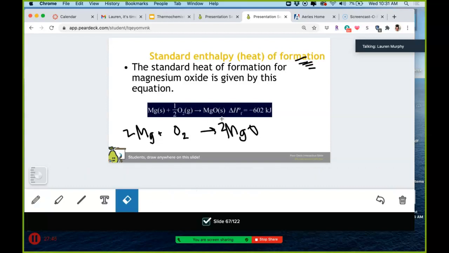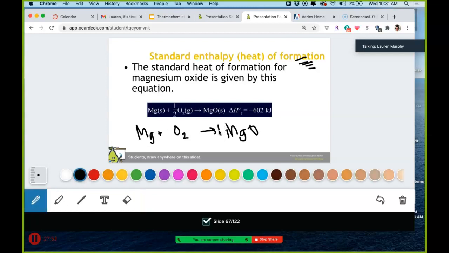By definition, you are only allowed to form 1 mole of the substance from its elements. So there can't be more than 1 of these right here for a formation value. That forces us to put a half here, because a half times 2 gives us 1 oxygen. So a magnesium and a half an oxygen make 1 magnesium oxide compound, and it has a value associated with it. This is saying that this much energy is released during the formation of magnesium oxide.